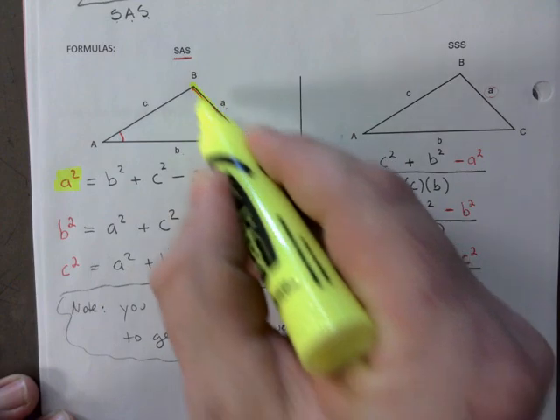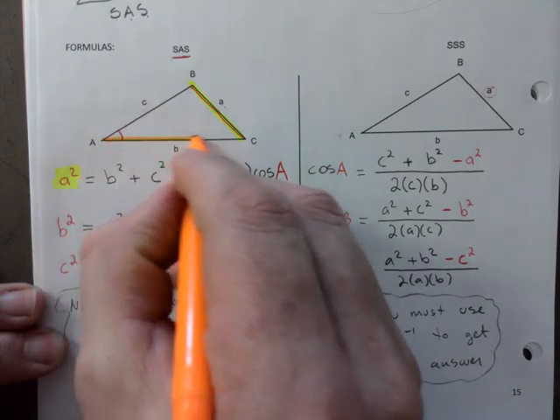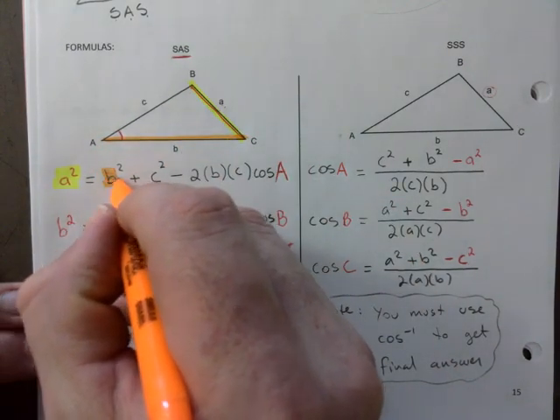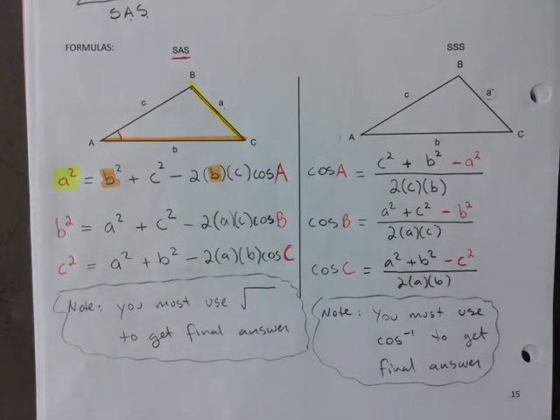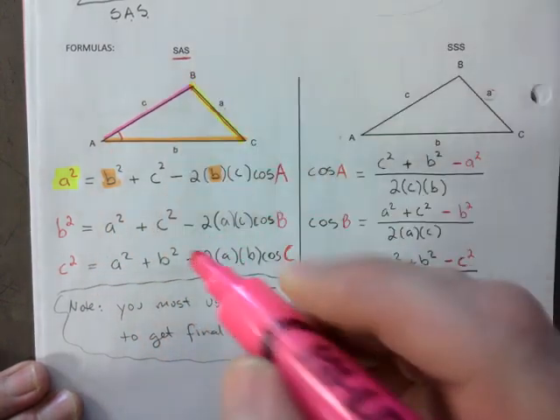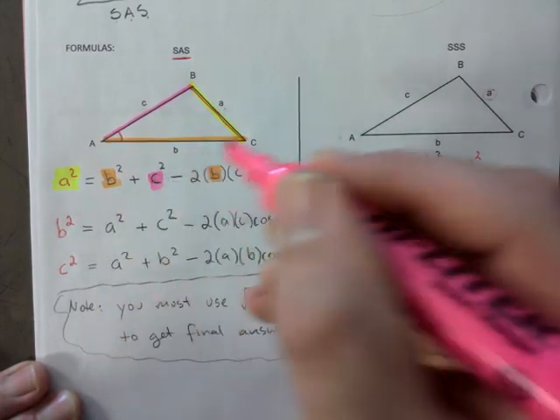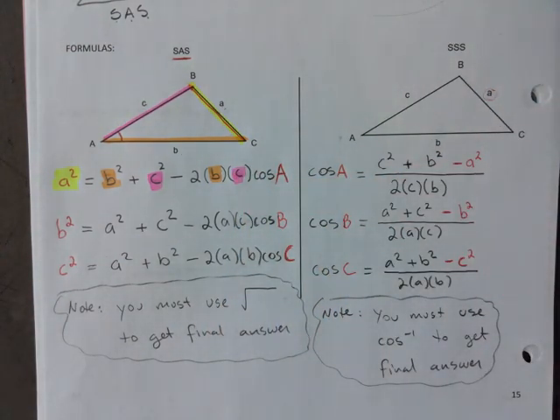If you're trying to find that side, then you have this side just here and here. It shows up twice. And the other side, whatever other color you have, C shows up here.